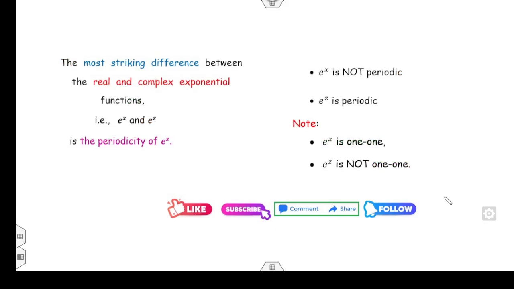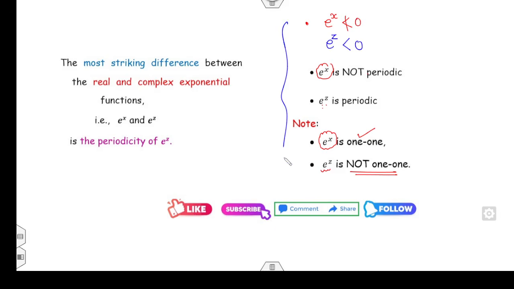However, we all know the exponential of the real part is always 1-1, but exponential of z is not 1-1. Exponential of the real is not periodic, but exponential of the complex part is always periodic. Exponential of x can never be less than 0. However, exponential of the complex part can be less than 0.